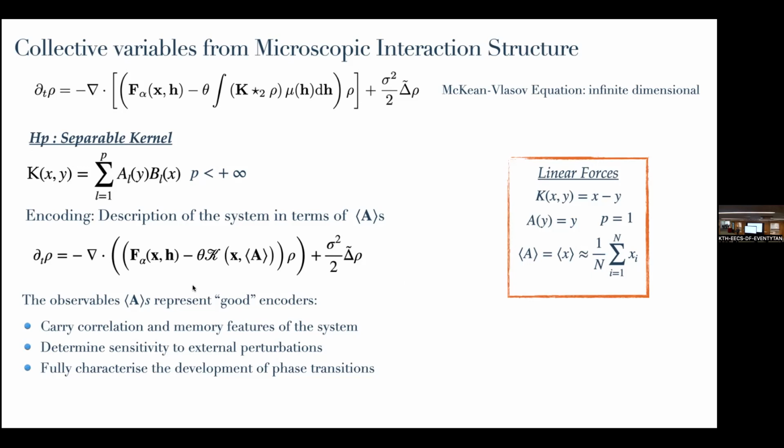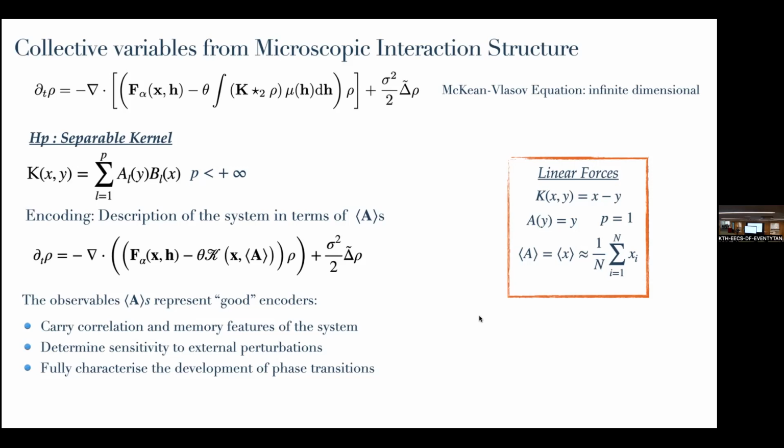But the difficulty of this McKean-Vlasov equation is the interaction term. If you take a separable kernel, you can show that this interaction depends only on a few macroscopic observables of the system. For example, for linear forces, this is just the first moment, the empirical average. So far, this is just a mathematical property.